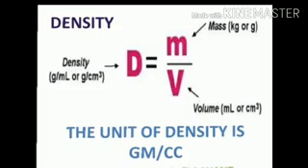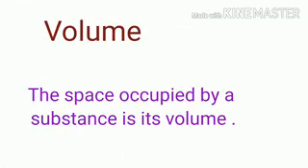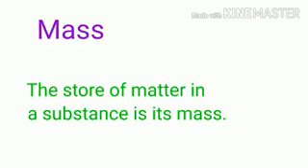And what is the interrelation between the volume and mass of a substance? So what is volume? The space occupied by a substance is its volume. So what is mass?